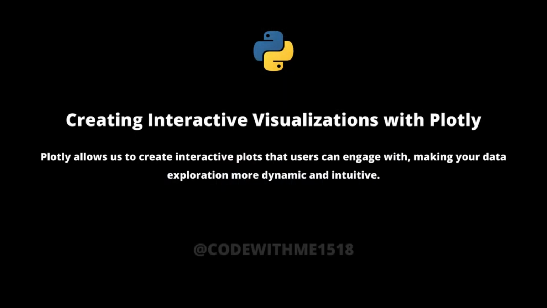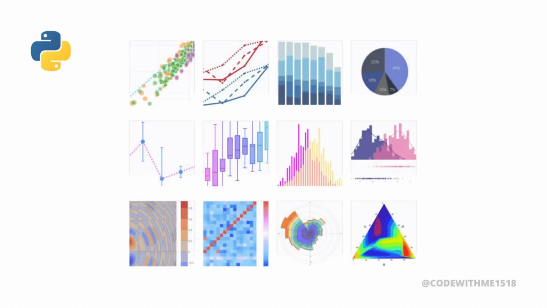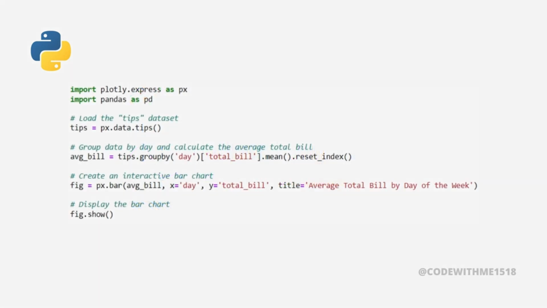Now, let's take things up a notch with Plotly. Plotly allows us to create interactive plots that users can engage with, making your data exploration more dynamic and intuitive. Let's use Plotly to create an interactive scatter plot, showing the relationship between total bill and tip amount.